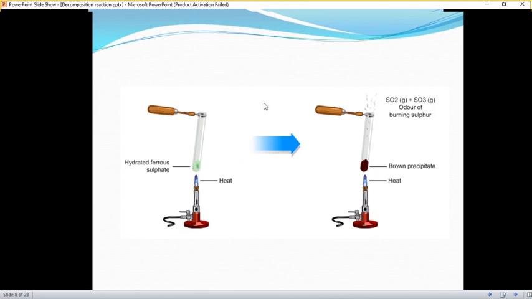In the intermediate step, as I discussed earlier, first it changes to white, where it loses water of crystallization. Those 7 molecules of water are lost, and on further heating it changes into a brown precipitate of ferric oxide, along with evolution of sulfur dioxide and sulfur trioxide.